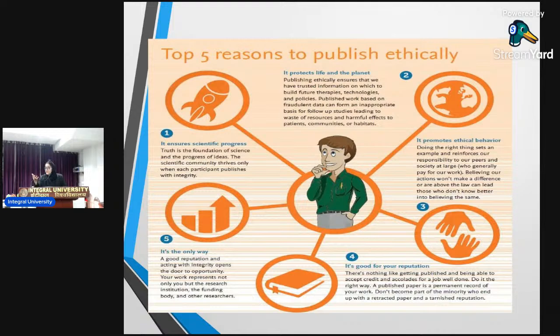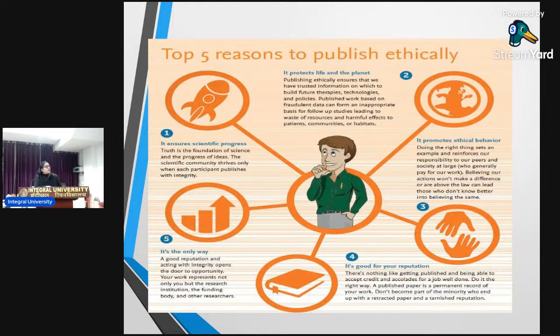Maybe give a therapy which is not existent or is not available to patients, right? So publishing ethically ensures that we have trusted information on which to build future therapies, technologies, and policies. So this is the second reason why you have to publish ethically.